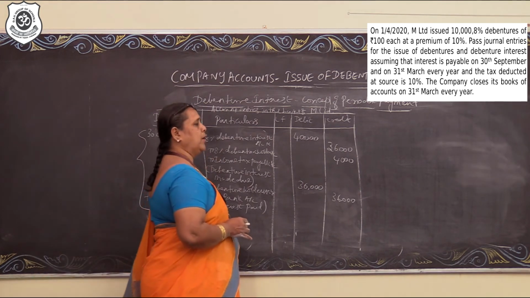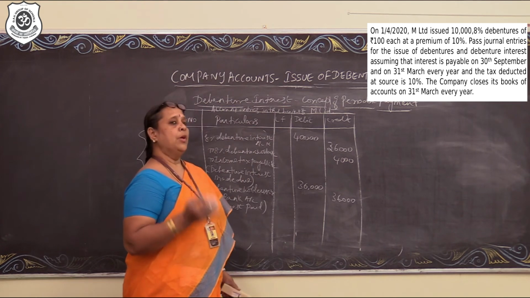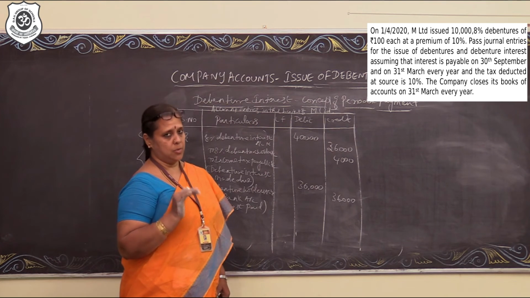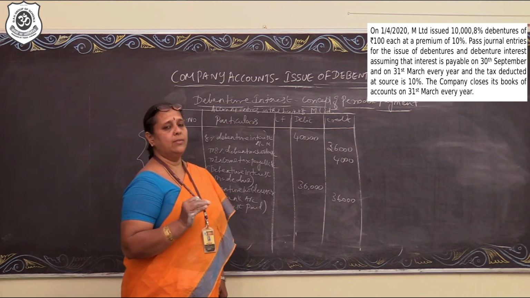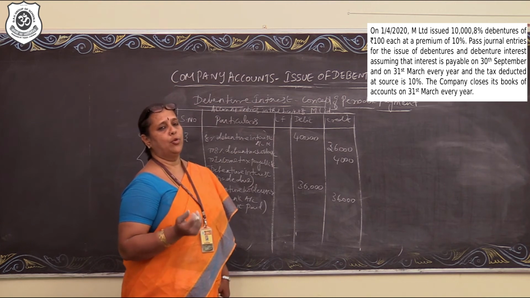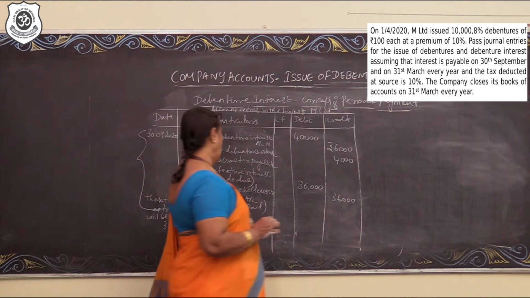So 3, 4 we have passed entries for interest payment on 30th September. 5, 6 will be the journal entries for payment of interest on 31st March. So 7th entry will be for income tax paid and 8th entry will be for charging debenture interest to statement of profit and loss.